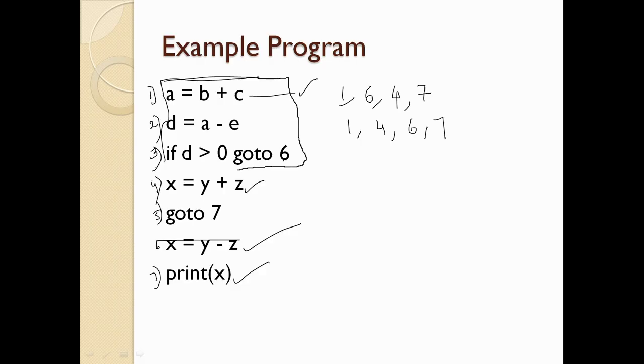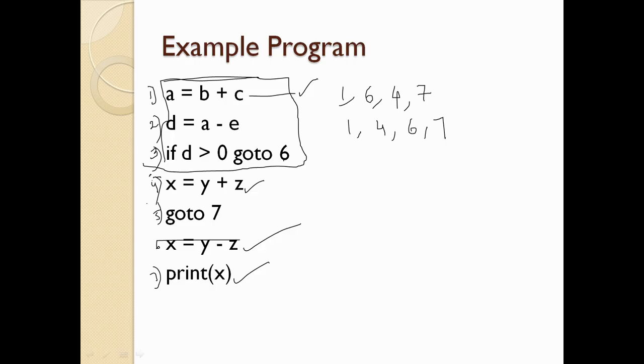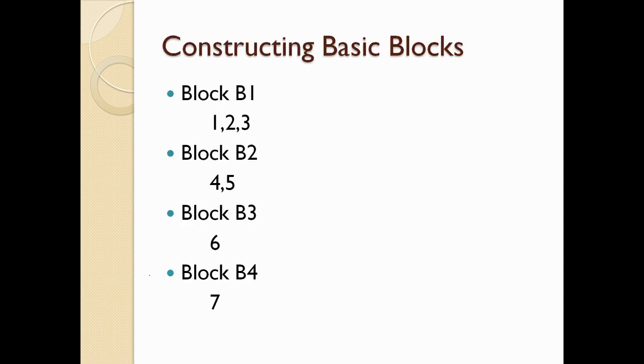Next, starting with the next leader, 4, and do not include the next leader. So 4, 5 is another basic block. 6 alone is another basic block, and 7 is another basic block. So basic block 1 has statements 1, 2, 3.